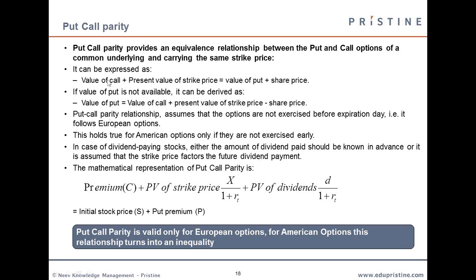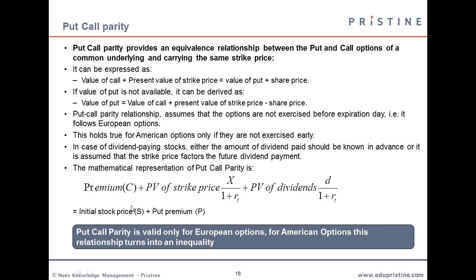So the relationship that can be expressed is as follows: the value of call plus the present value of strike price is same as the value of put plus the share price. Because this is the representation of the first portfolio, this is the representation of the second portfolio. And as we saw, the payoffs are same for both, so we'll have the same prices for both.